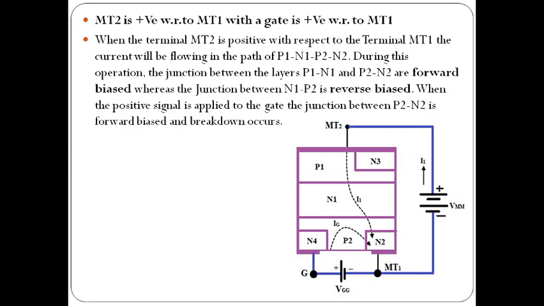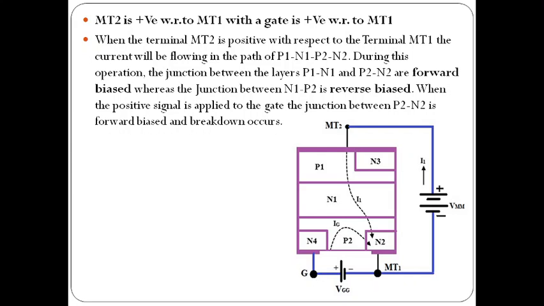When we are supplying the positive gate voltage to the circuit, it breaks the reverse biased N1 P2 junction. So a breakdown will occur and heavy current will flow in this triac.